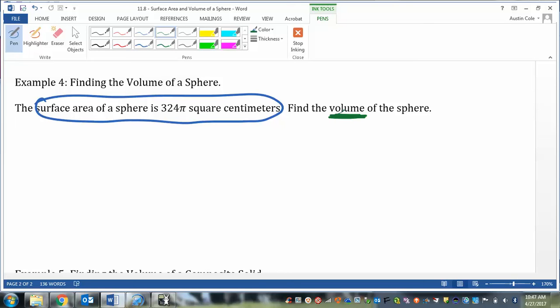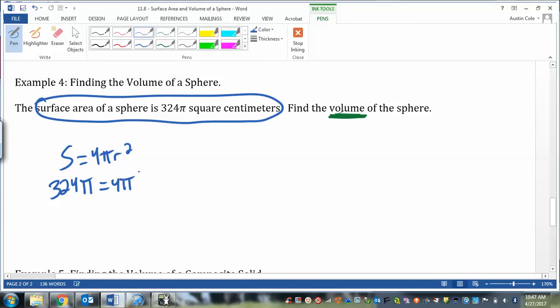Yeah, absolutely. So surface area, we said that was 4 pi r squared. So 324 pi equals 4 pi r squared. How are we going to get r squared by itself? Divide by 4 pi.